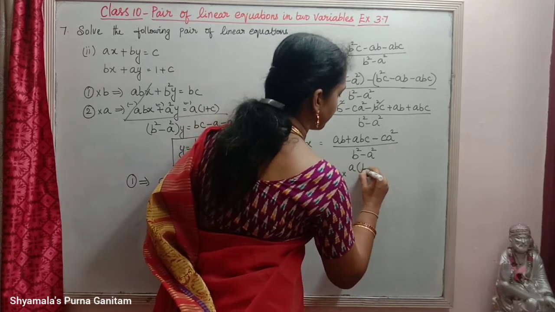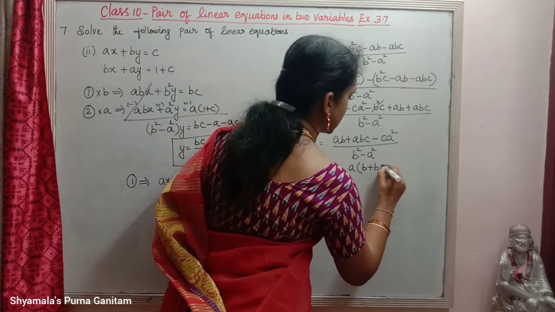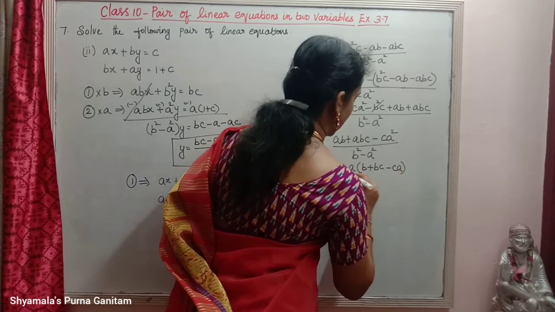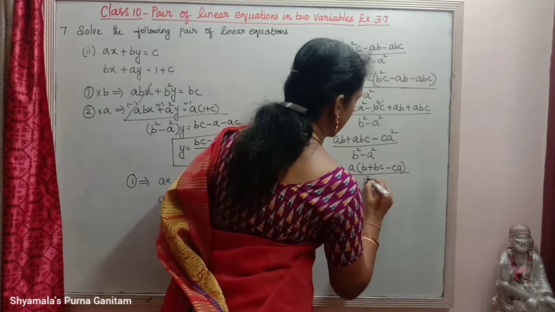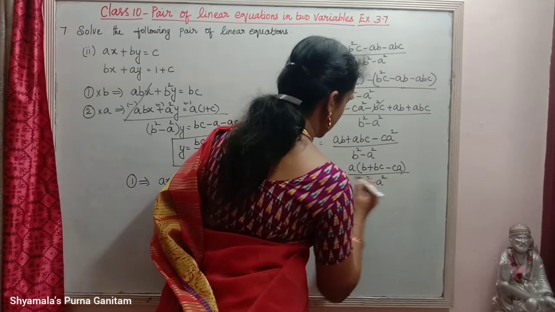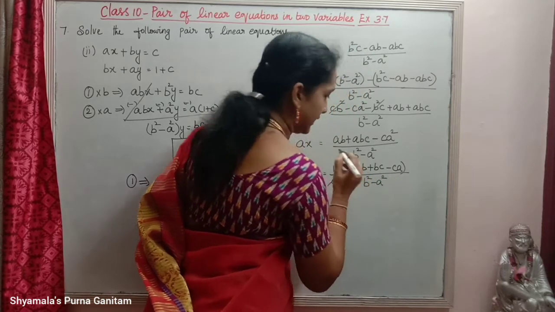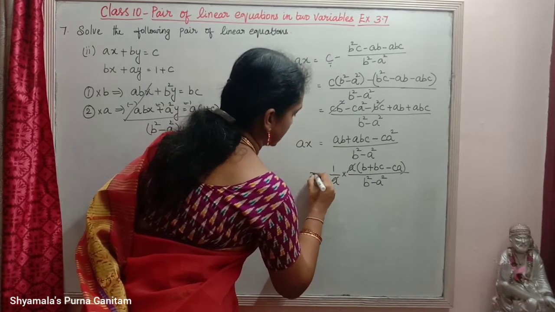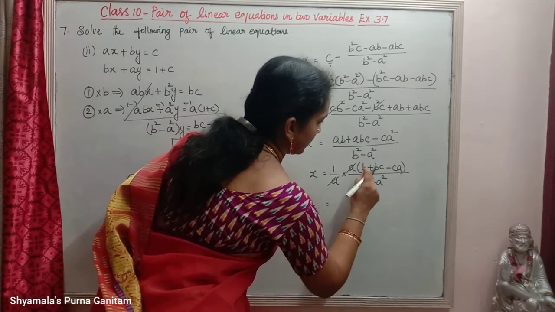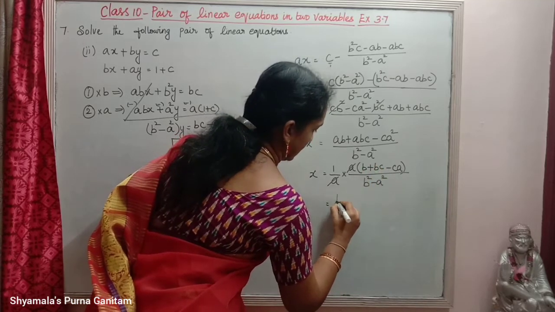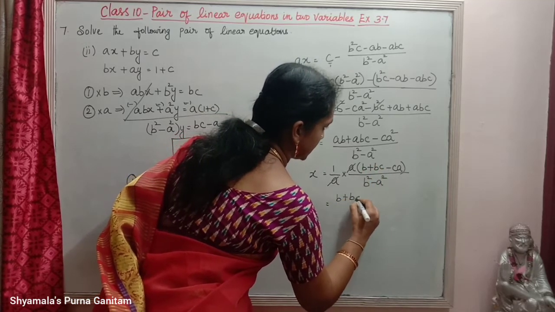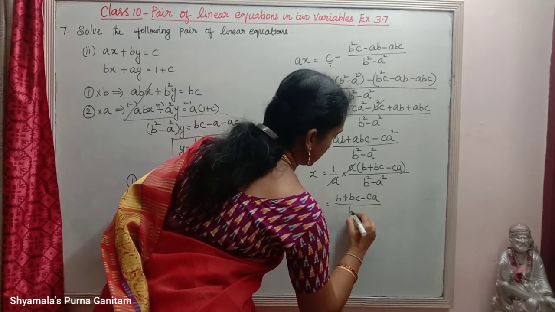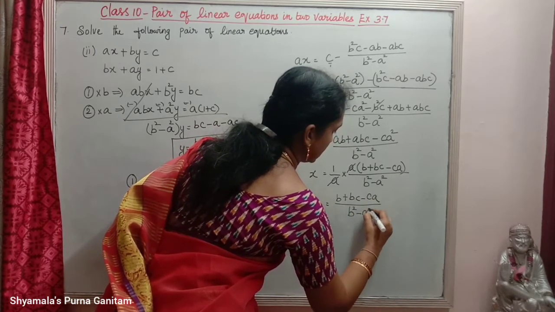Balance will be b plus bc minus ca divided by b squared minus a squared. So this a and a will get cancelled. So the answer is, x is equal to b plus bc minus ca divided by b squared minus a squared.